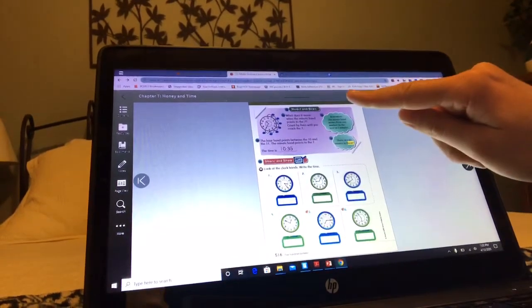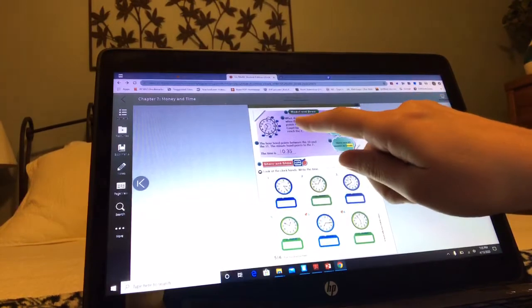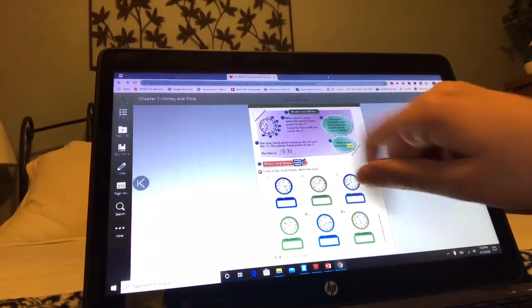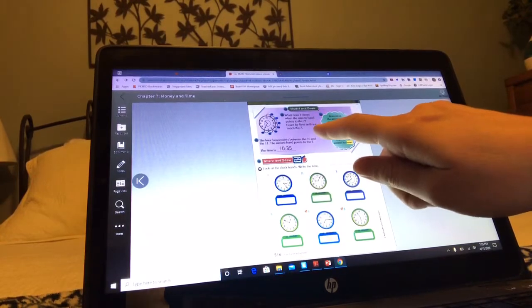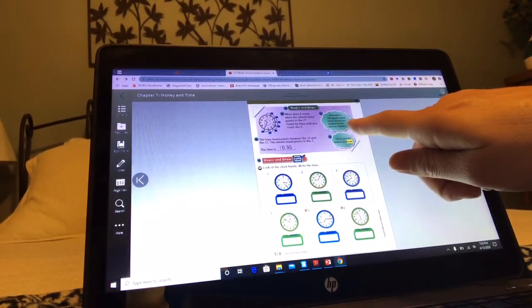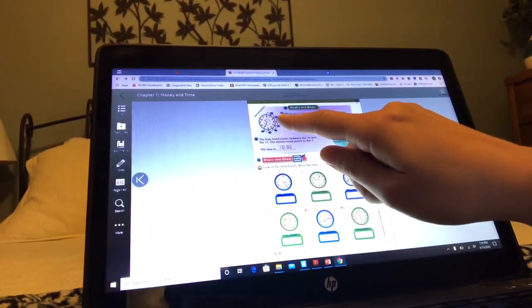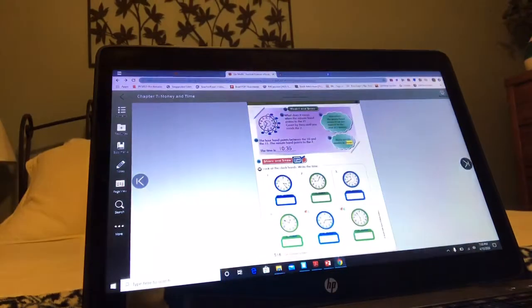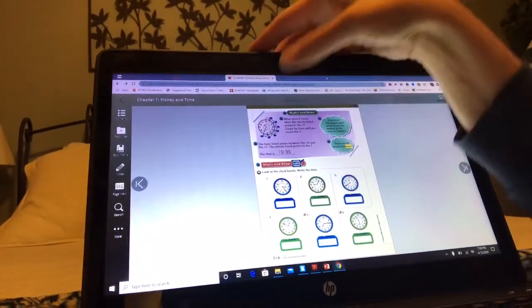So up here in the purple where it says model and draw, it says, what does it mean when the minute hand points to the 7? Count by fives until you reach the 7. Remember, the minute hand moves from one number to the next in 5 minutes. So each number stands for a set of 5 minutes. There are 60 minutes in an hour.